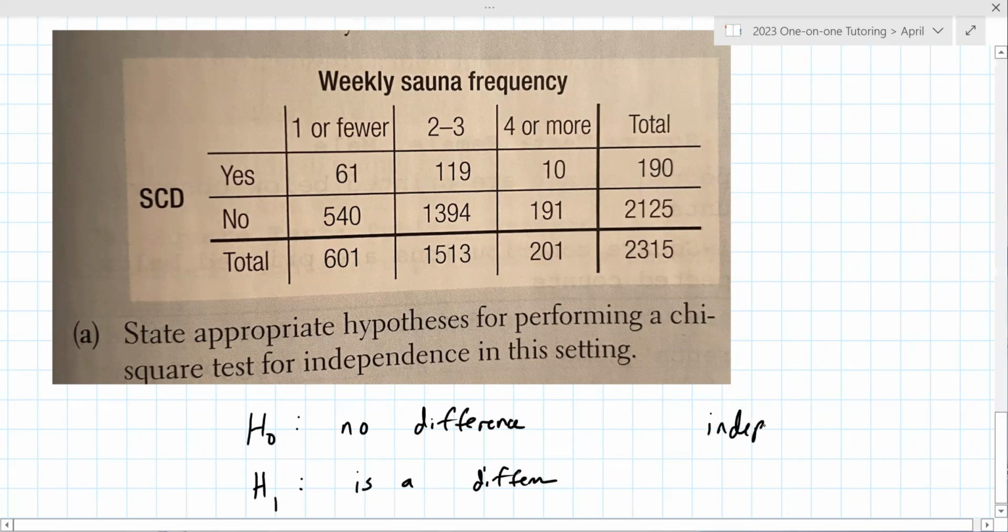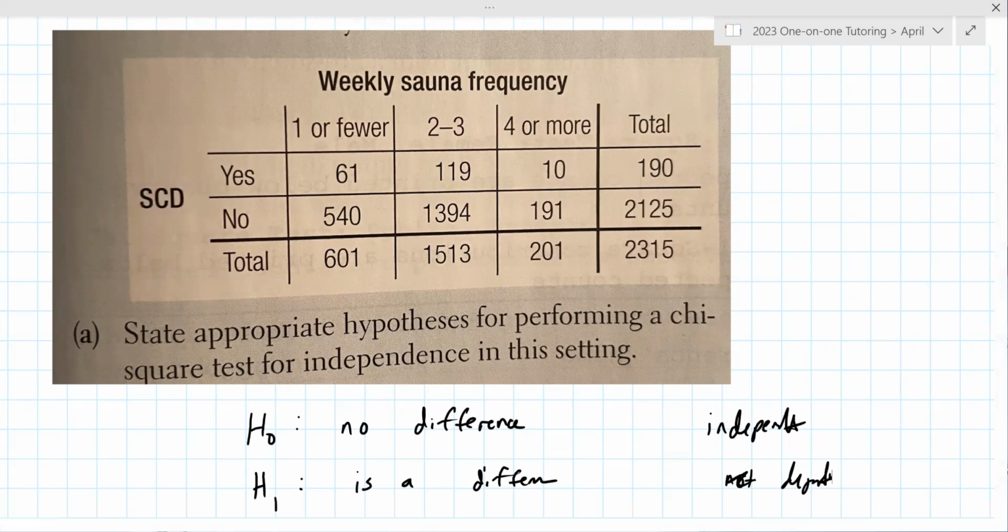The one that I prefer is independent versus dependent, not independent. It makes more sense intuitively: SCD and weekly sauna frequency are independent, or no, they are dependent. Or the one that she used is that there's no association. There are variations on all of these.